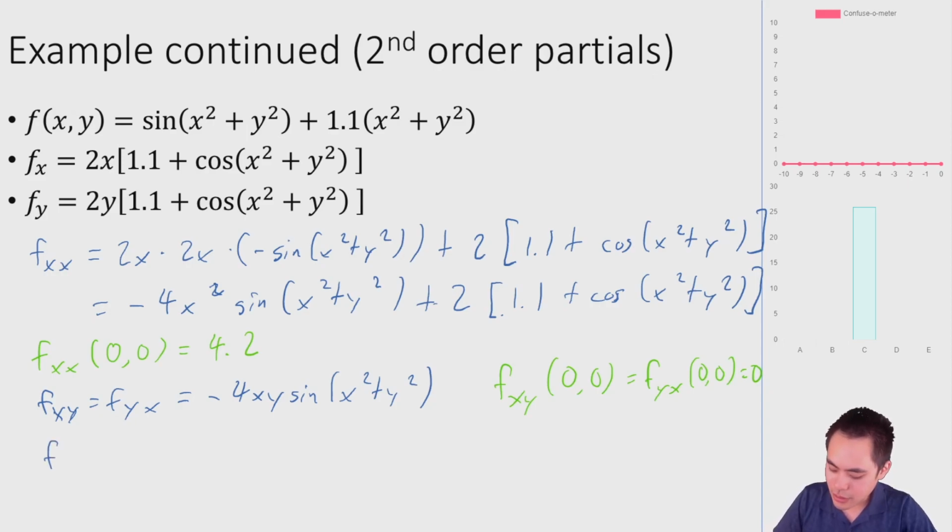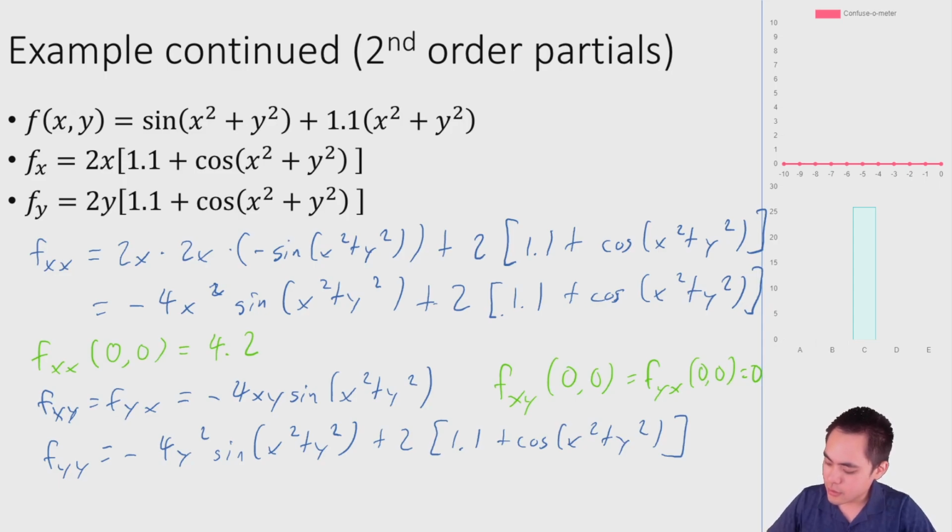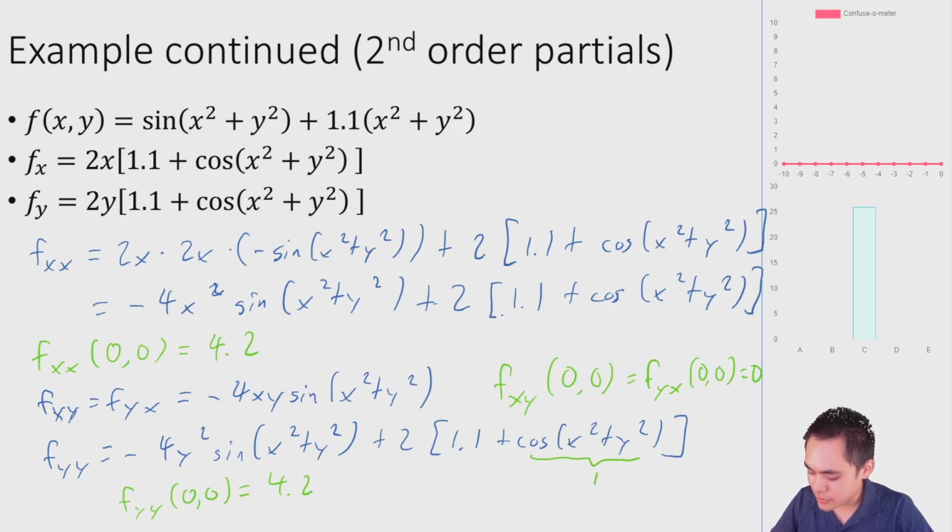And lastly, f sub yy is going to end up being equal to minus 4y squared sine of x squared plus y squared plus 2 times 1.1 plus cosine of x squared plus y squared. When you plug in 0, 0, this is actually going to be equal to 4.2 again, because this thing here is equal to 1, so this entire thing is 2.1 times 2, which is 4.2.